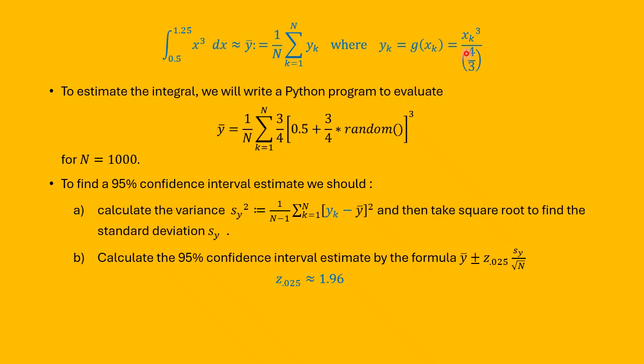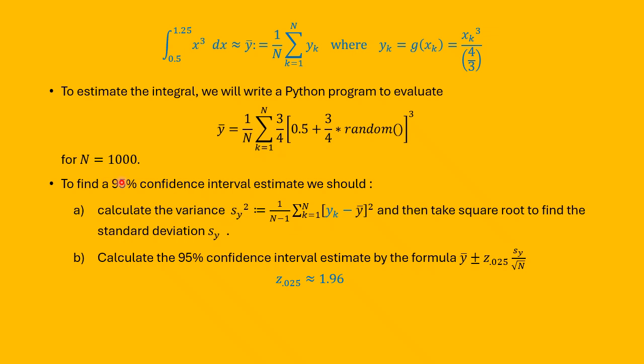X sub k cubed is this stuff right here. 1 over 4/3 is the 3/4 that we see right here. And so we are going to evaluate this in a Python program using capital N equals 1,000. We will use 1,000 randomly selected points using a random number generator.